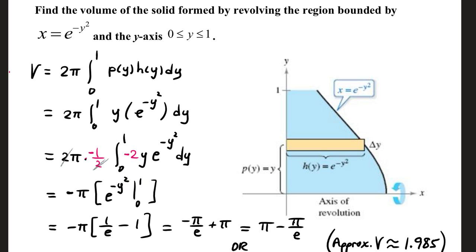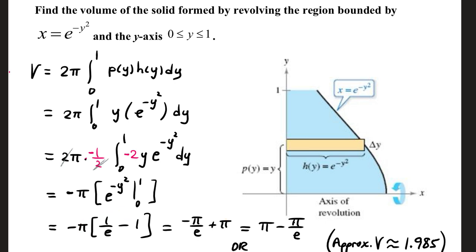When we plug a 1 in, that's e to the negative 1 squared, which is 1 over e, minus e to the negative 0 squared, that's 1. Multiply both numbers by negative pi, and that gives us negative pi over e plus pi.